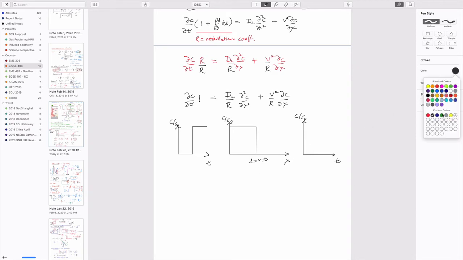But now, in this modified case, we're dealing with an advective velocity which is divided through by retardation. So retardation has to be greater than or equal to 1, and I guess less than infinity. Typically it might be of the order of 1 to 20, depending on what the material is.